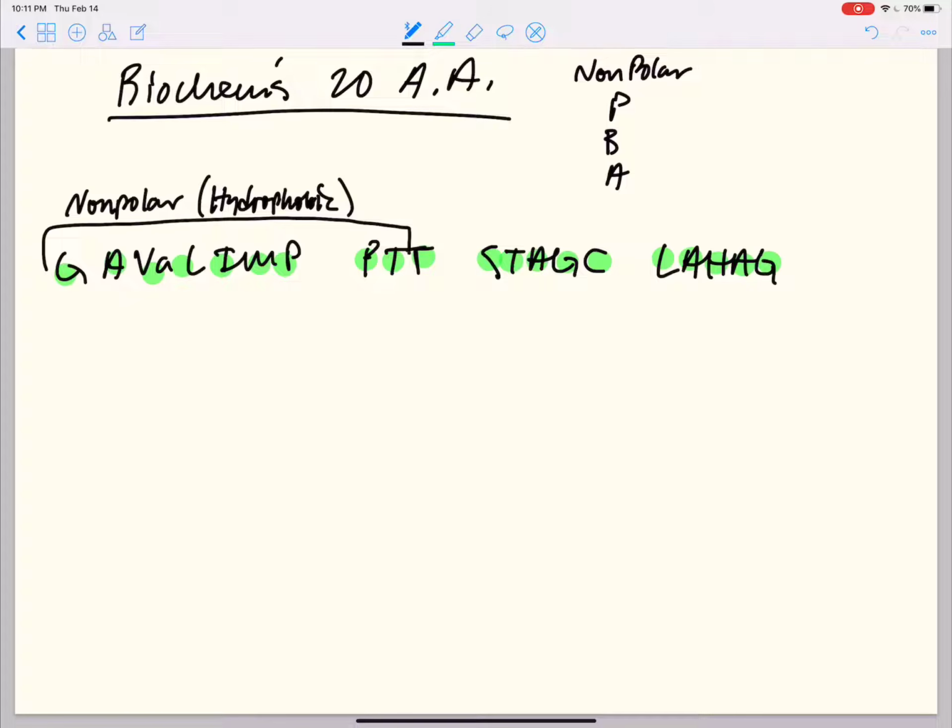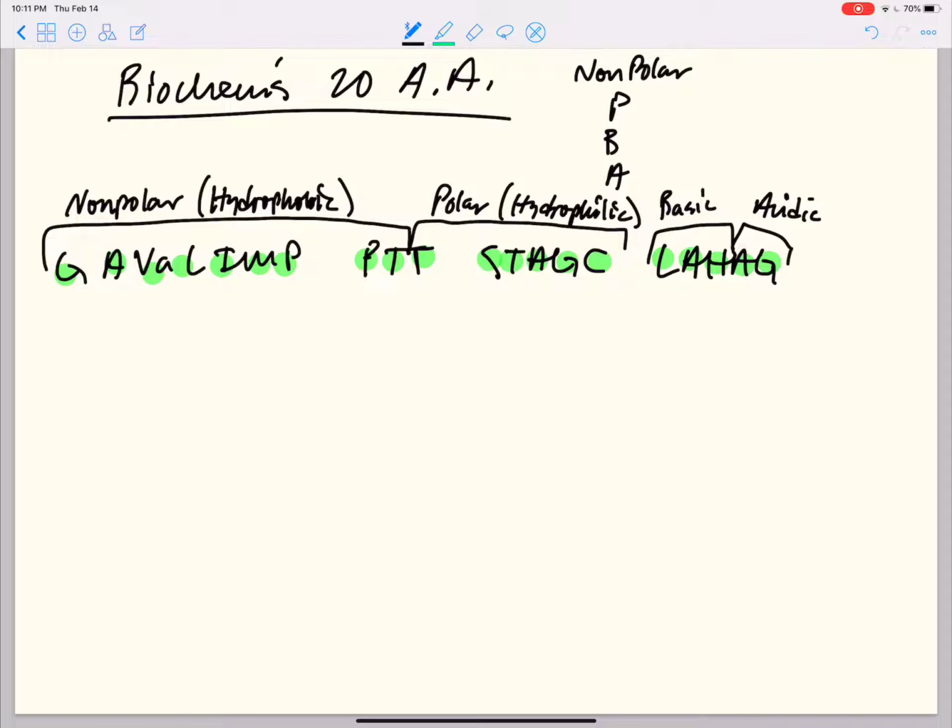Then we have our polar groups, which run from tyrosine to cysteine. And polar is also known as hydrophilic. And then we have our 3 basic amino acids and then our 2 acidic amino acids.